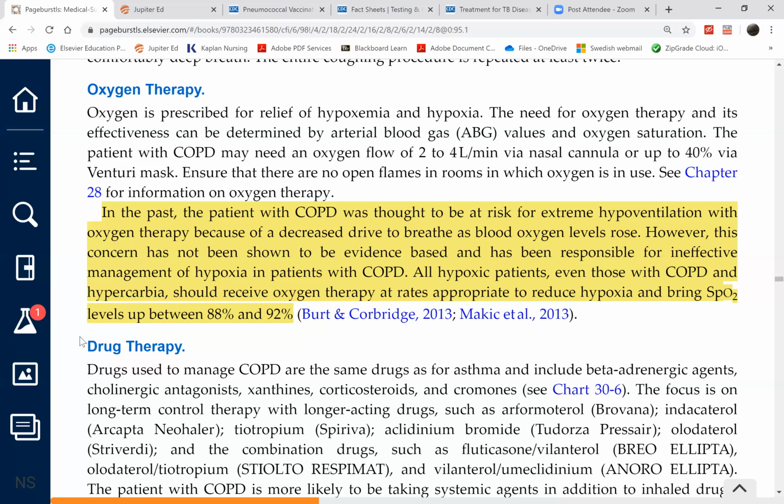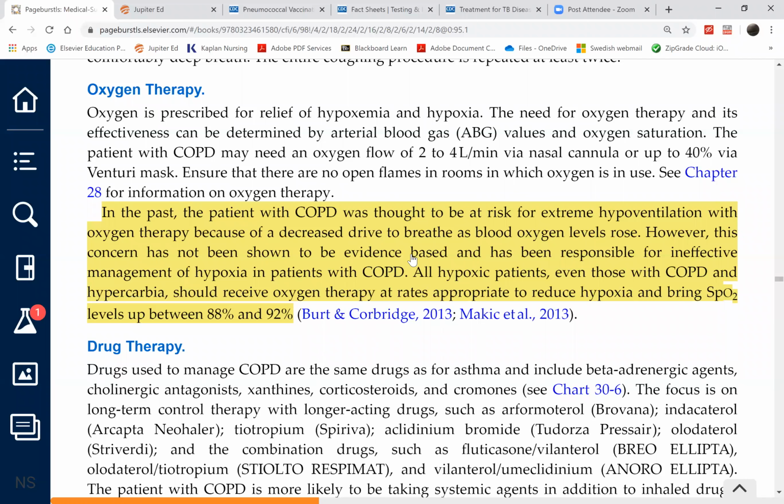And it says clearly, right, that in the past, yes, but theoretically speaking, this is true. I mean, it only makes sense that if more oxygen will decrease the drive to breathe, correct? But these patients have chronic hypoxemia, they have chronic hypercarbia. So yes, again, I'd like to emphasize, theoretically, this is correct.